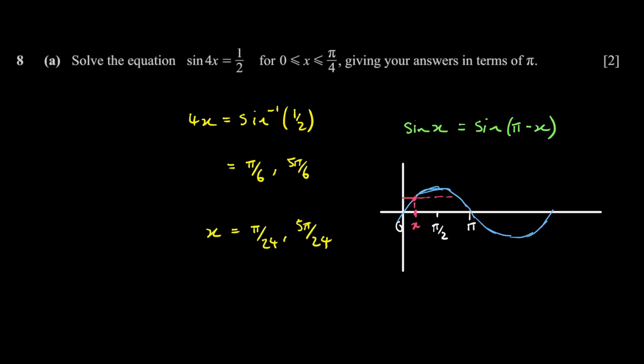Well, that's going to be identical to this point over here, right? Because we've got a line of symmetry at pi by 2. So if you think about it, if the point 0 is symmetrical with the point pi, and this point x, which is the distance of x away from 0, is also going to have a distance of x away from pi. So that coordinate there is going to be pi minus x, right? That's kind of the logic of that.